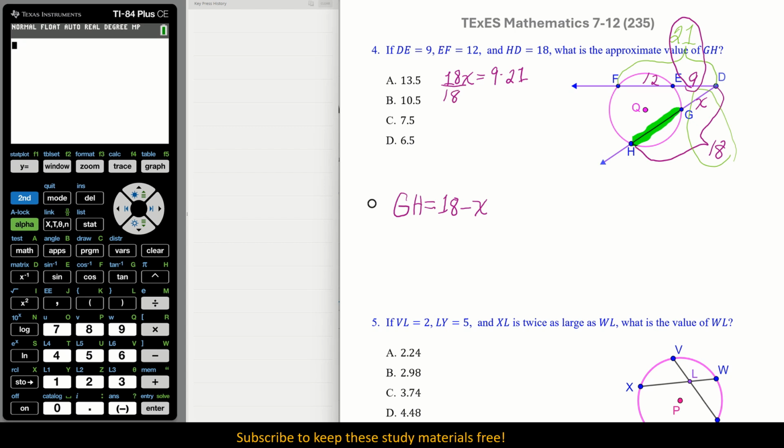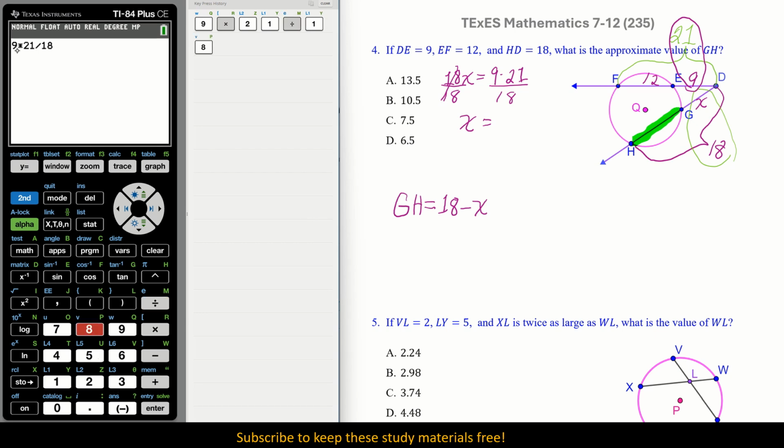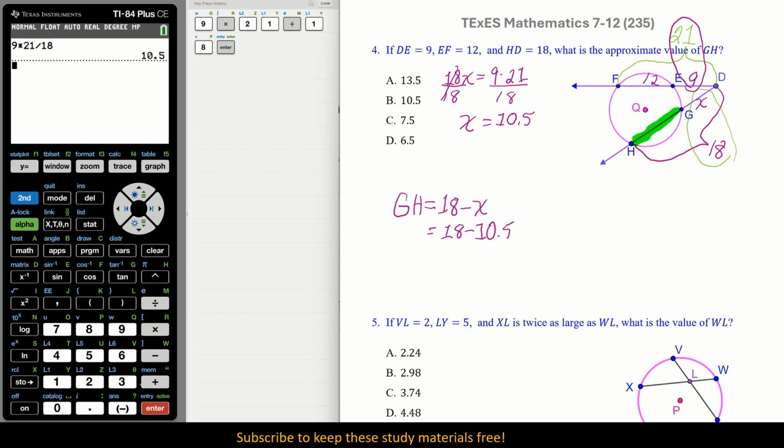Divide both sides by 18. Then x equals, put that in the calculator: 9 times 21, divided by 18. Because we are on the same level of order of operations, you can put those all in together. And that is 10.5. So we have 18 minus 10.5. I can tell that equals 7.5.